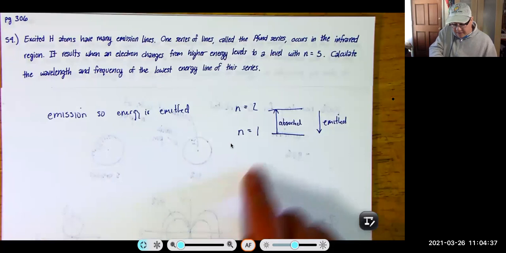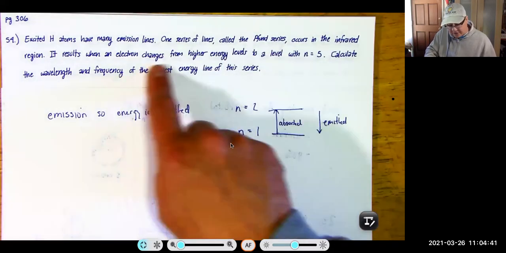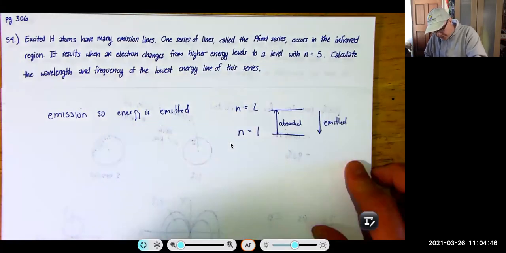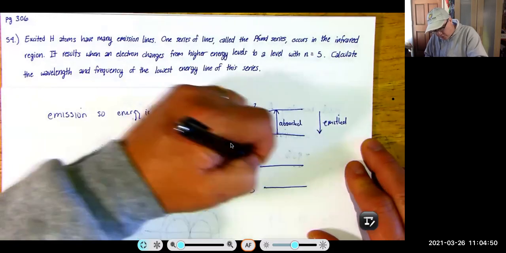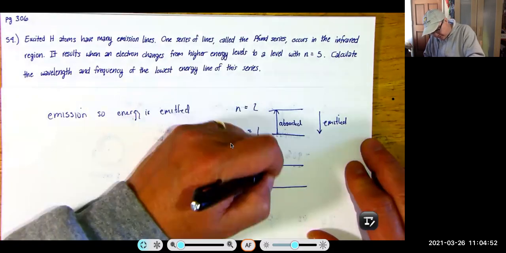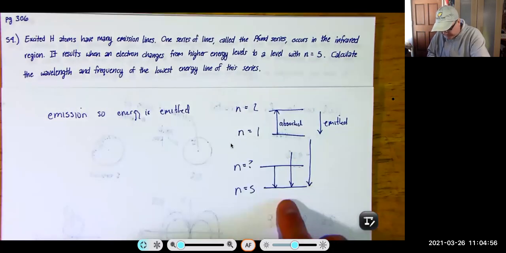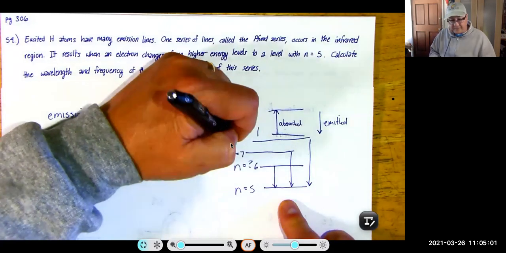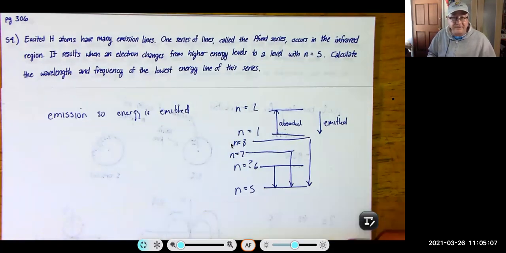Secondly, it changes from a higher energy level to a level with n equals 5. So I can now adjust this drawing and put n equals 5 and n equals question mark. I could have 6, 7, I could do n equals 8. But if it ends up in 5, it's infrared light.